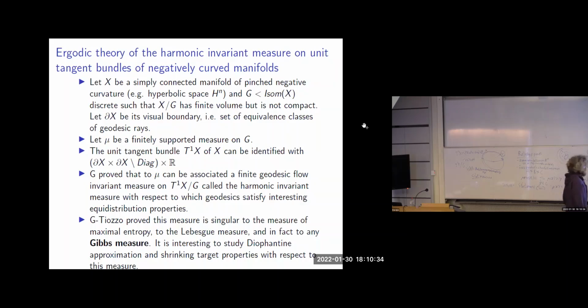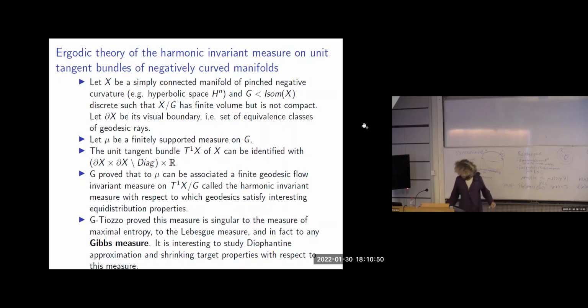But this measure is singular to the usual types of measure you study on the unit tangent bundle: the Bowen measure, or the measure of maximal entropy. So more generally, the things called Gibbs measures.